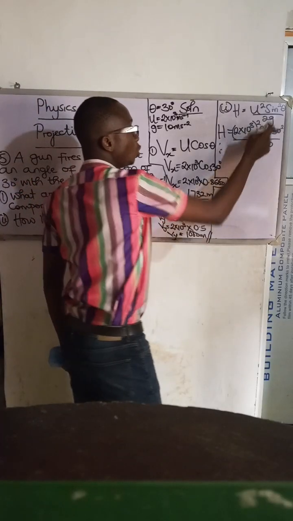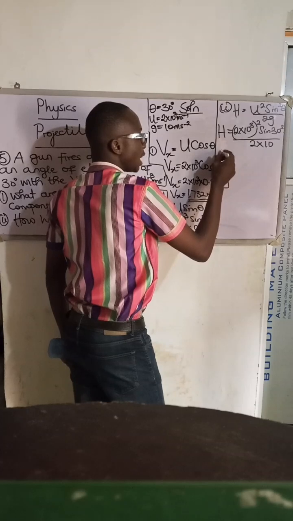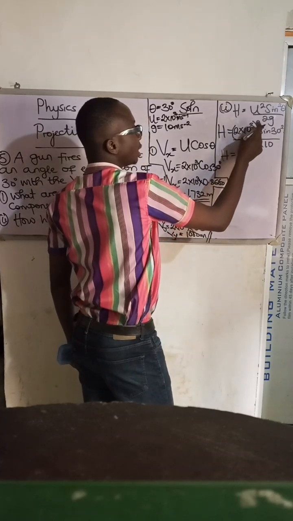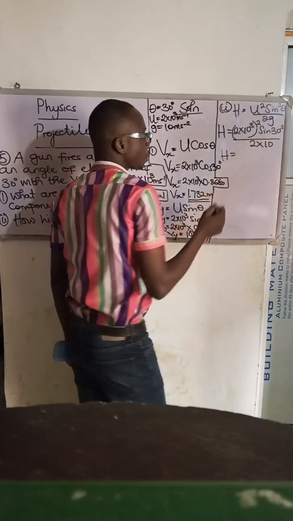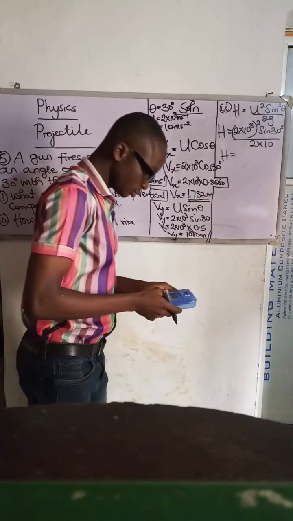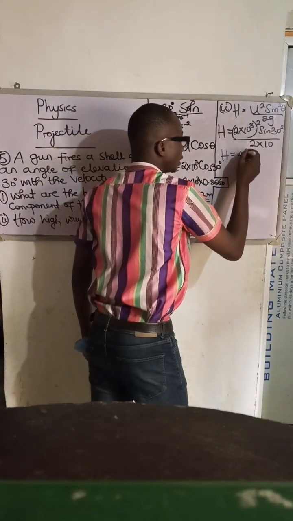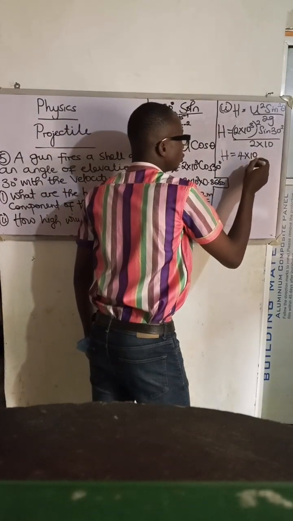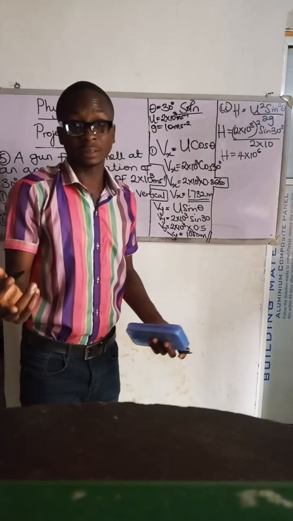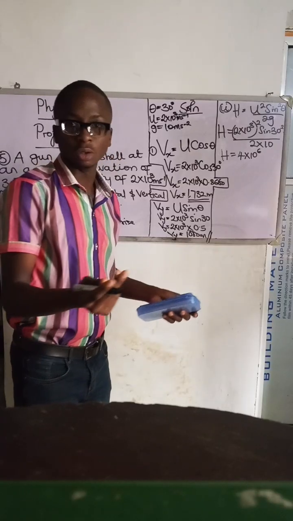All over 2 times 10. G is already 10. Then we have h is equal to 2 times 10 raised to the power of 3 square. 2 times 10 raised to the power of 3 is 2000, and 2000 squared is about 4 million.